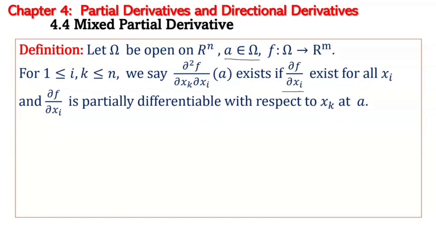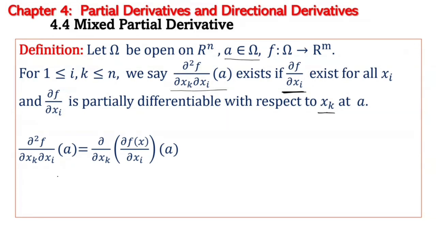So first we calculate del f / del x_i, which must exist, and then the new function must be partially differentiable with respect to x_k at a. Then the mixed partial derivative exists.